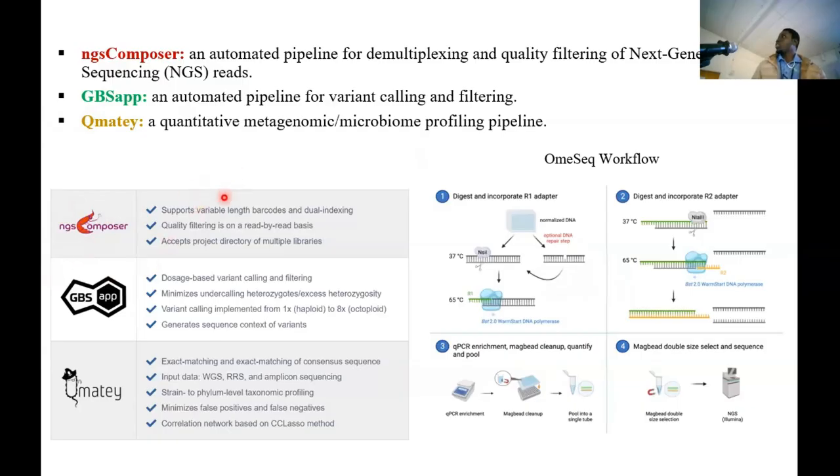The first one is the NGS Composer, our automatic pipeline for demultiplexing and quality filtering. The other one is the GPS app, which is for variant calling and filtering. The next one is QMedi, which is for taxonomic profiling and microbiome profiling.